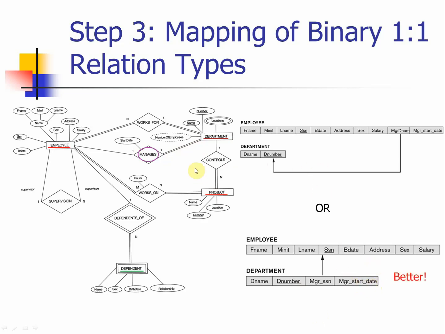That's what we are talking about. When this happens, we want to convert a one-to-one relationship into a foreign key that ideally goes to the double-line side, which is the total participation side, forming a foreign key that links to the other side. And this is our step number 3.